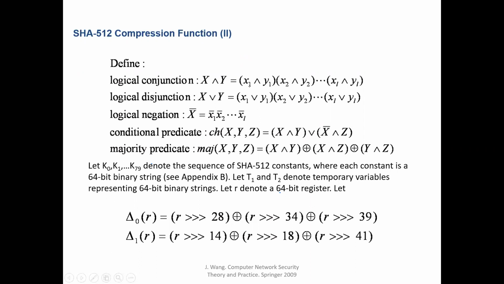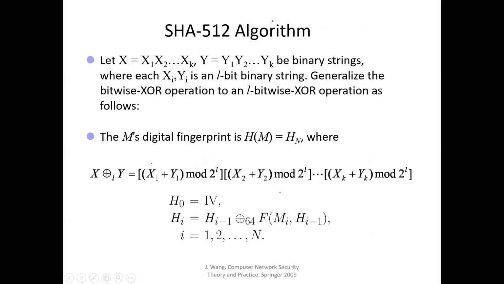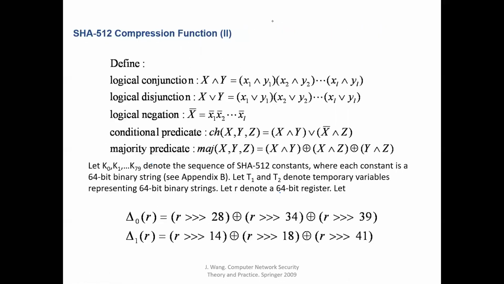So its bit level will be X1 and Y1. So this is an AND operation, and this is OR, right? So oops, the definition, just in case you don't remember.